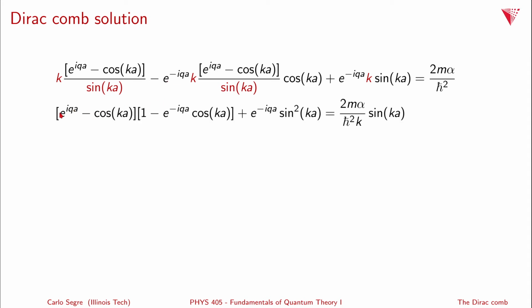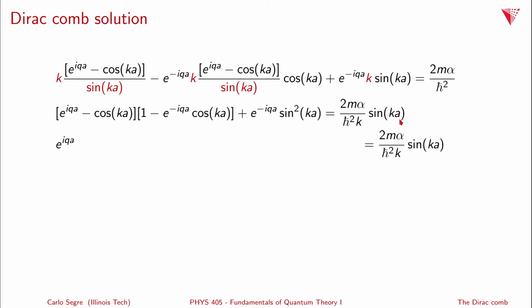So that first term gives me a 1 minus e to the iqa cosine ka times what was in the numerator up here, which is e to the iqa minus cosine of ka. Then we have this term. When we multiply times sine ka over k, the k cancels, but you get a sine squared. So you have e to the minus iqa sine squared of ka. And over here, on the other side, you're going to get 2m alpha over h bar squared k times sine of ka.